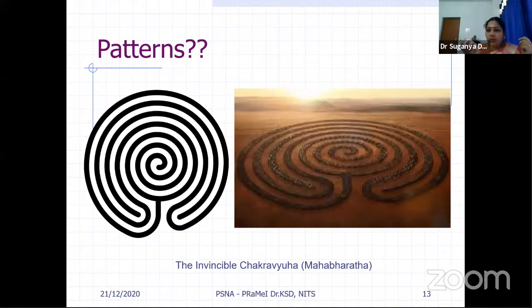It cannot be identified from the ground, and we can identify the chakravyuha only from the top. Based on the music, they will be playing drums, and based on the music, the soldiers will be moving. So this is the pattern in the chakravyuha.